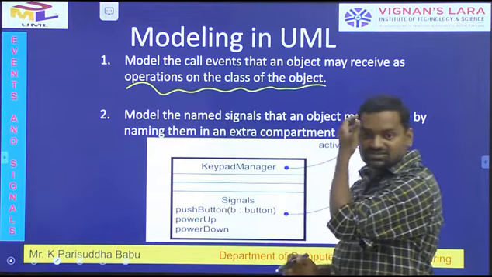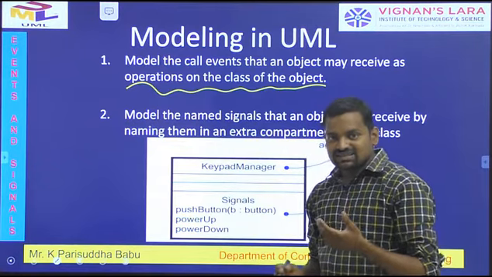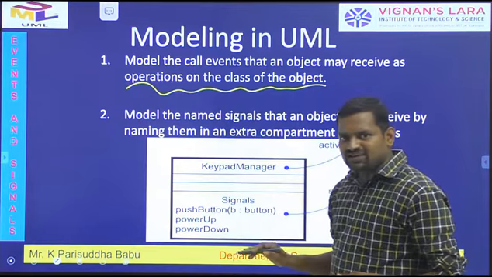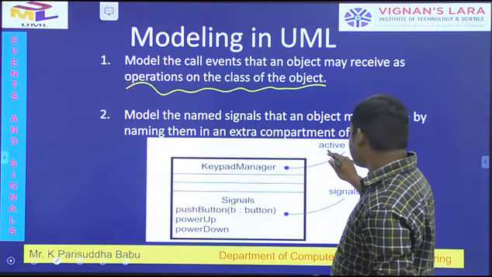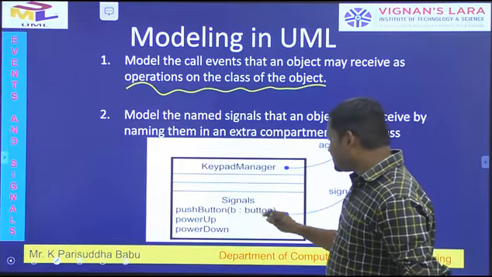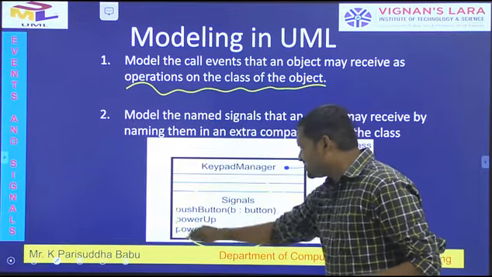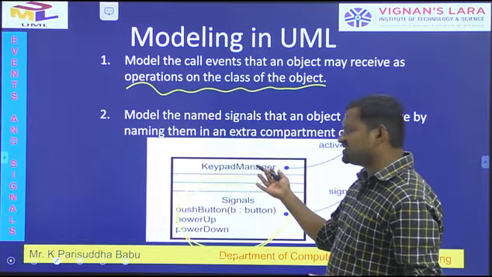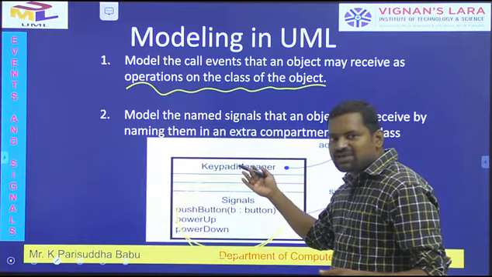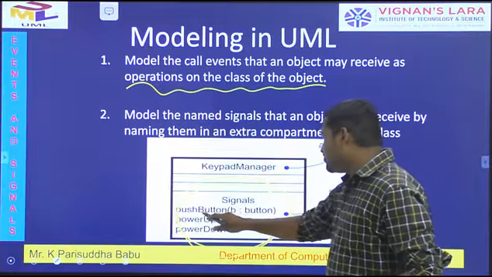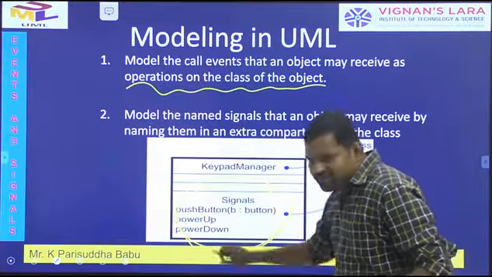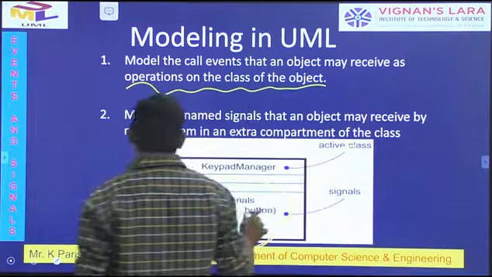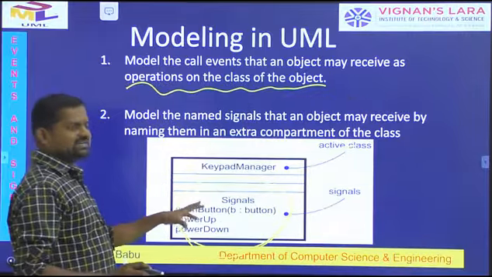Whatever operations are received in a particular class, you create an active class and represent the active class name. For that active class, how many signals are available? You write the signals. What are the signals for the keypad manager active class? Keypad manager active class contains push button, power up, power down, which are all signal events.